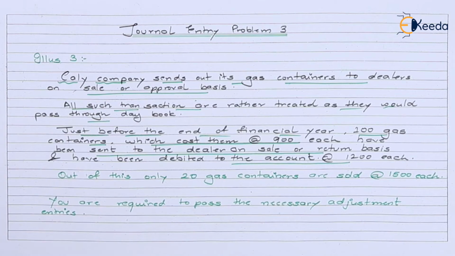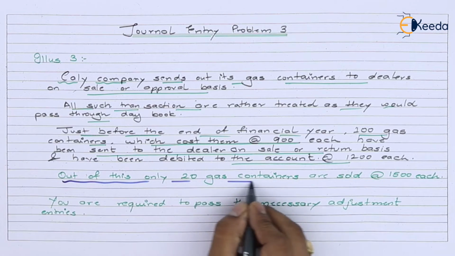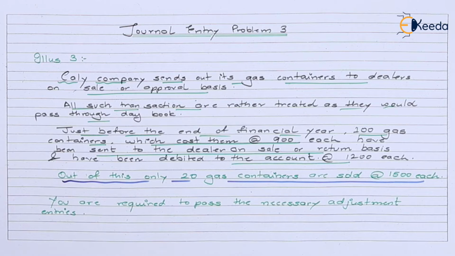Just before the end of the closing year, 100 such gas containers, which cost them around 900 each, were sent out to their dealers at 1200. This was the amount that was debited to them. Out of those 100, only 20 gas containers were sold at rupees 1500 each.